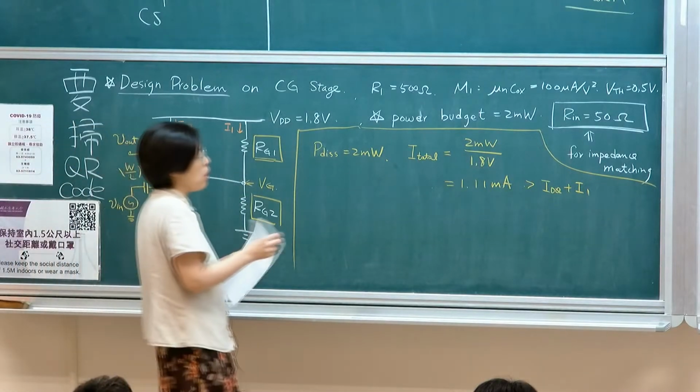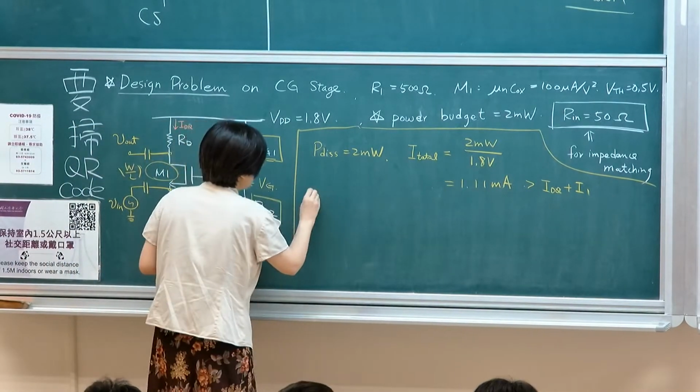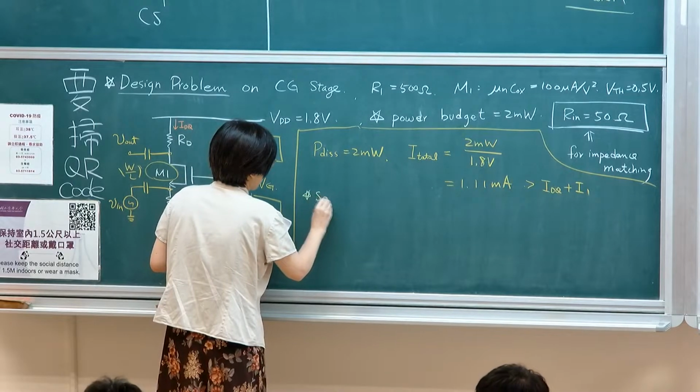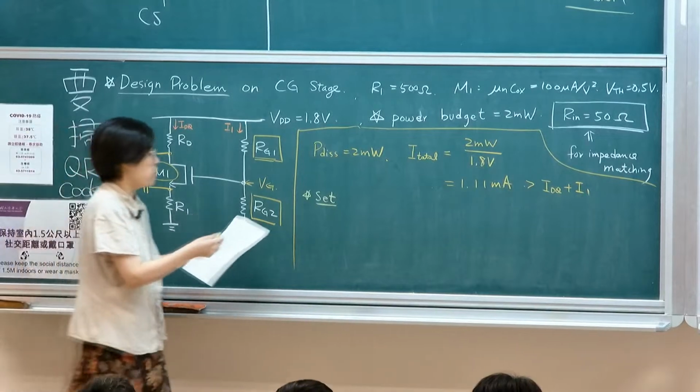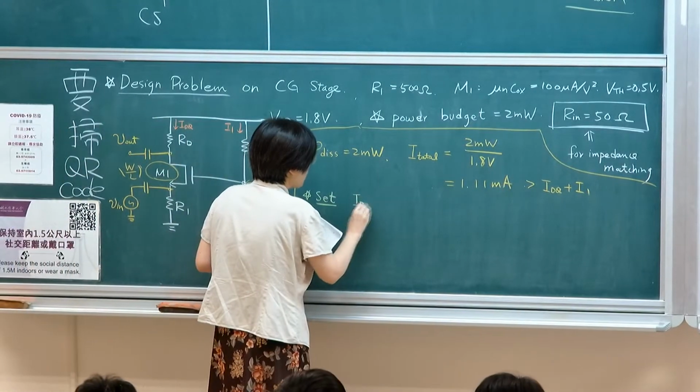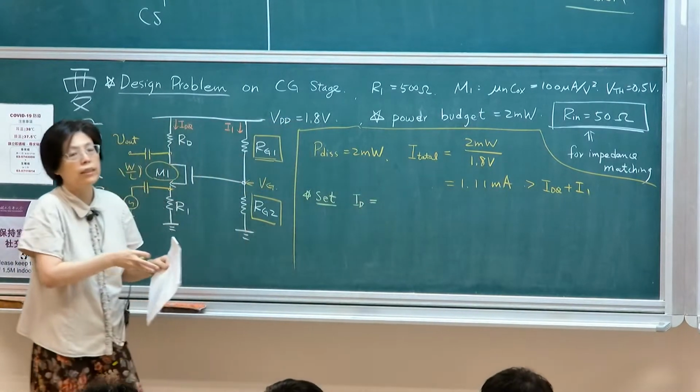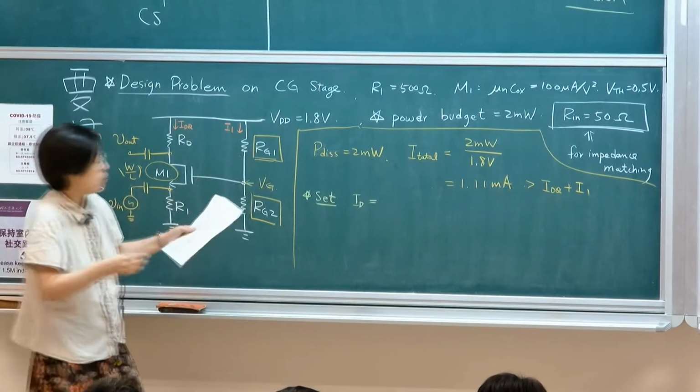Therefore, you want to keep it as small as possible. So I make a decision. This is arbitrary, so you can do your own design. This is just one of the design solutions, as long as it does not exceed the boundary.